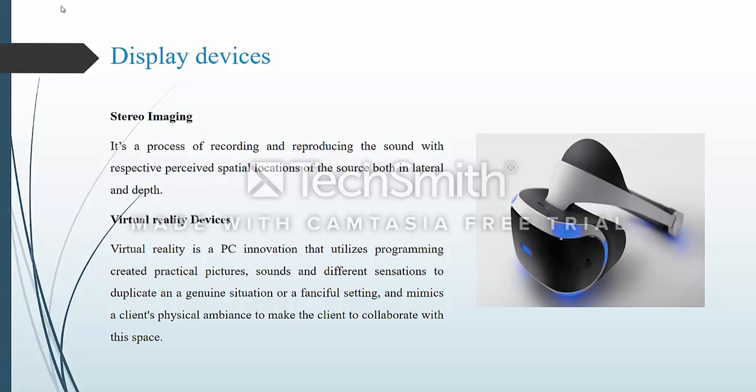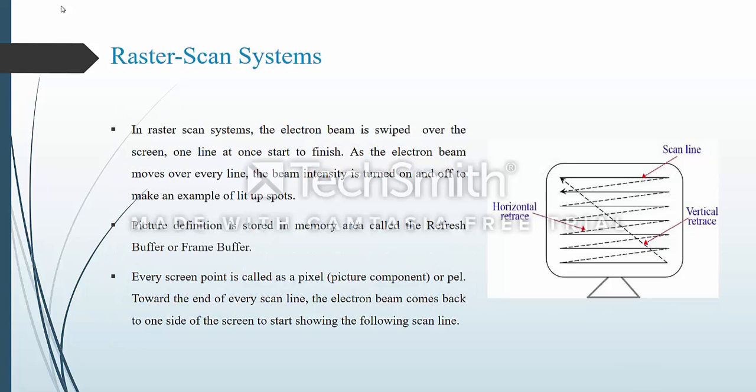Virtual reality is a PC innovation that utilizes software-created realistic images, sounds, and other sensations to replicate a real environment or an imaginary setting and simulates a user's physical presence to make the user interact with the space. Now we will be dealing with a raster scan system.